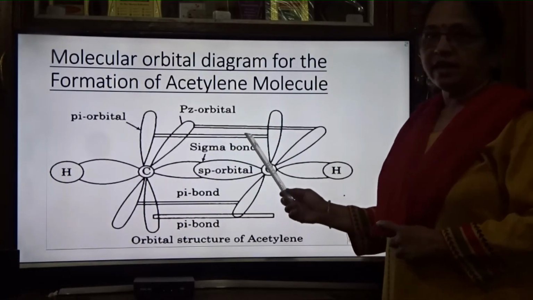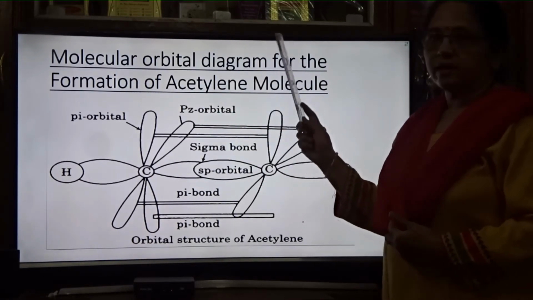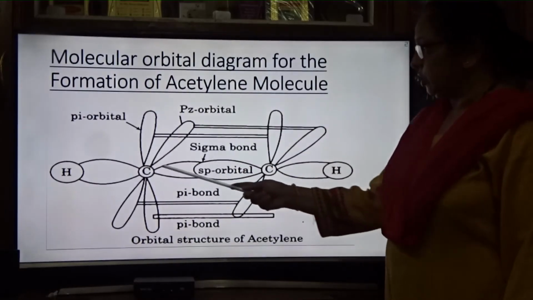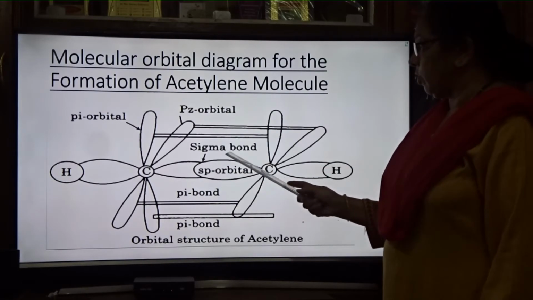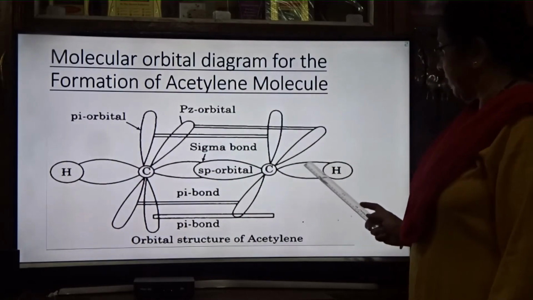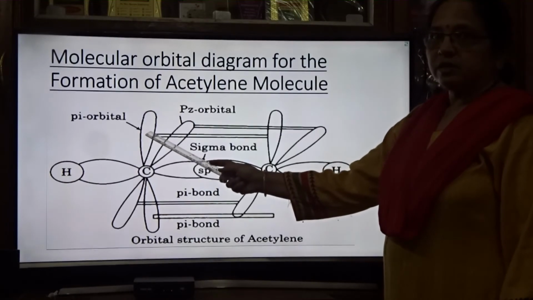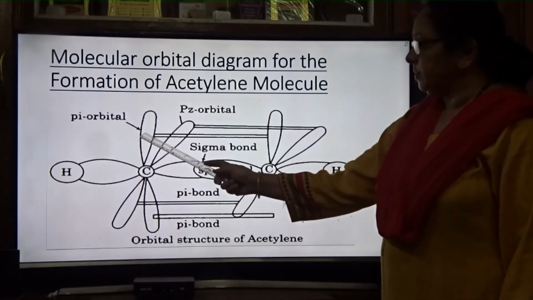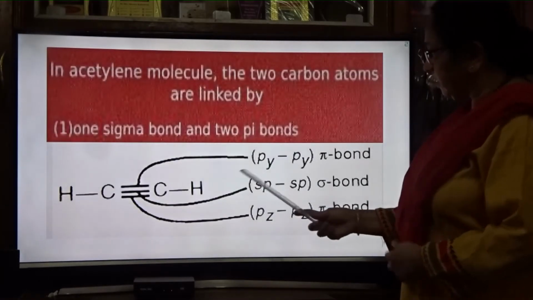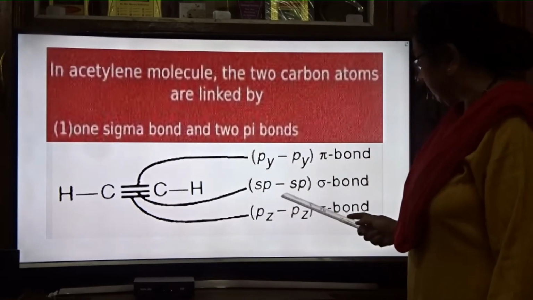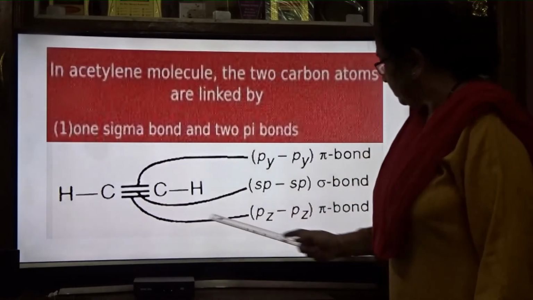In the examination you have to draw this molecular orbital diagram for the formation of the acetylene molecule. All the diagrams you have seen earlier are compiled here. See, the sp overlap sigma bond, sp-s sigma bonds, 2py overlap pi bond, 2pz overlap pi bond.